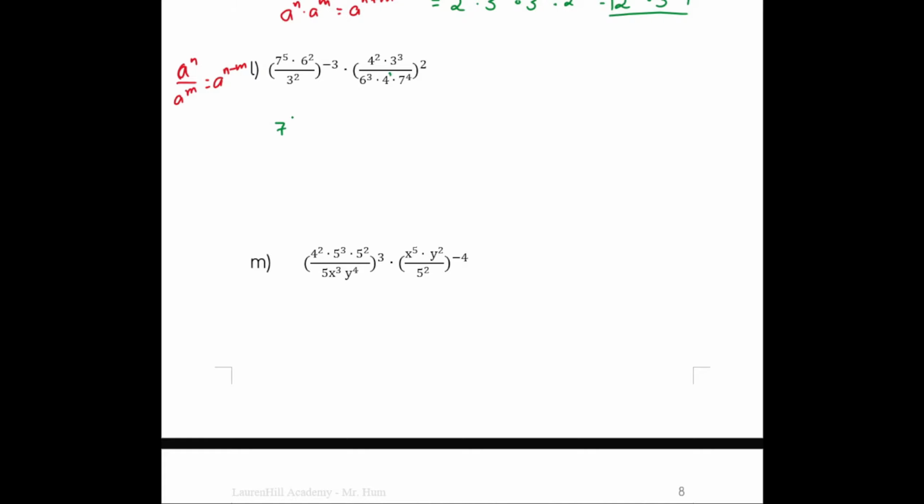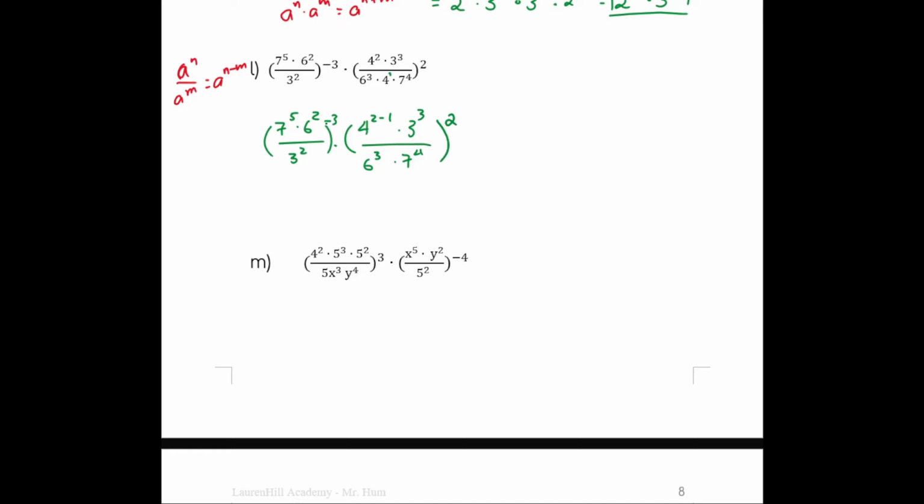So we got 7 to the 5 times 6 to the power of 2 over 3 to the power of 2 times, here what do we have? We have 4 to the 2 minus 1 times 3 to the 3 over 6 to the 3 times 7 to the 4, all to the power of 2. Oh, and here we have minus 3.